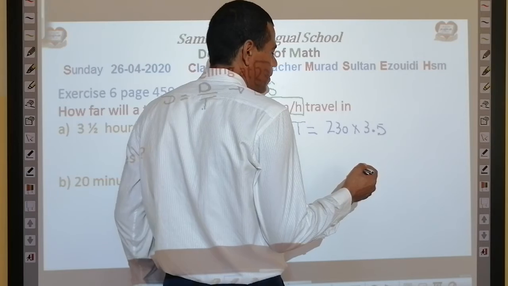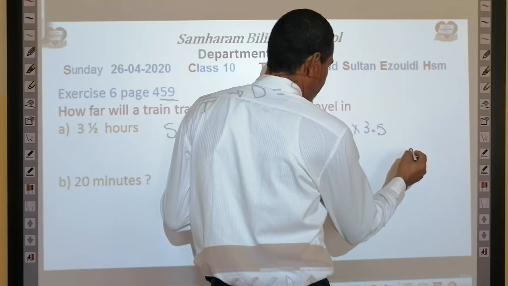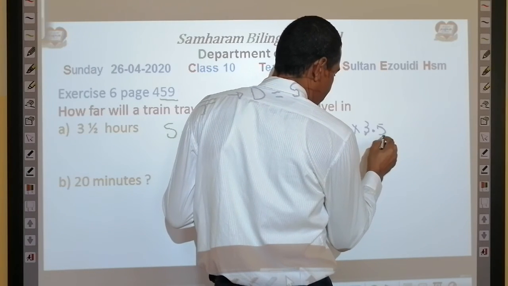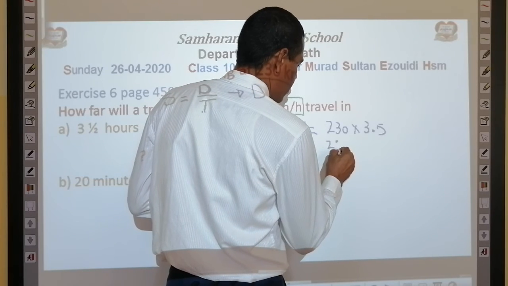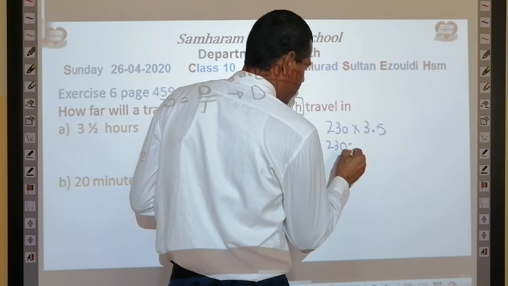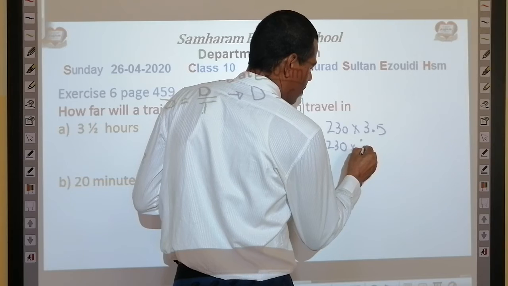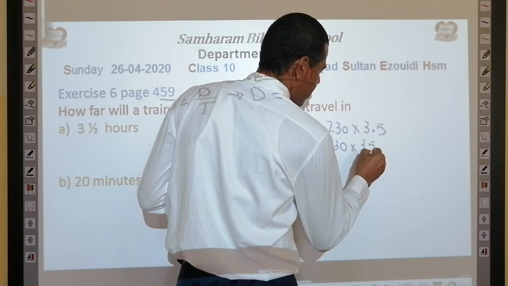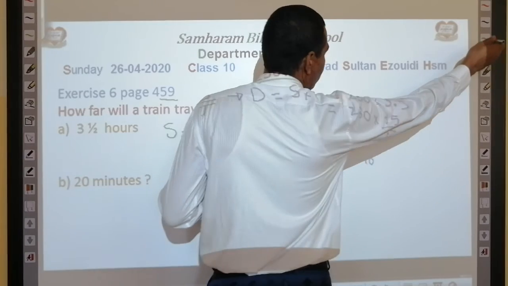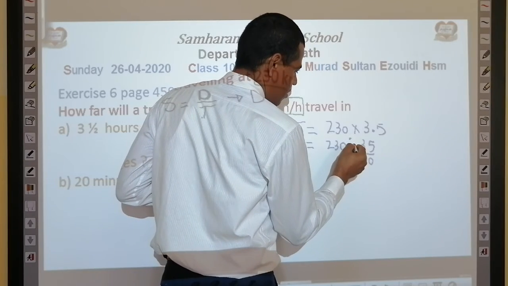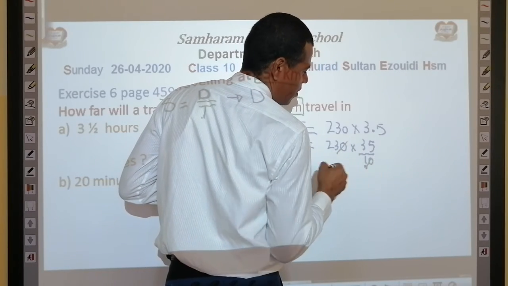So, this one, it will be equal to what, my learners? Okay, look here. It will be equal to 230 multiplied by 35 divided by 10, isn't it? Okay. I can, my learners, cancel this 0 and this one.